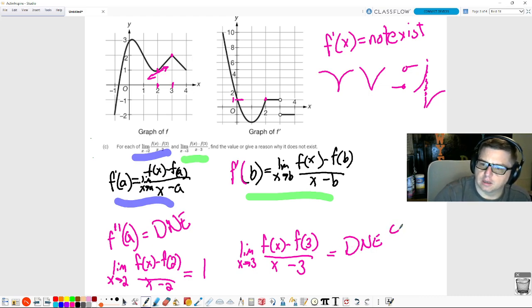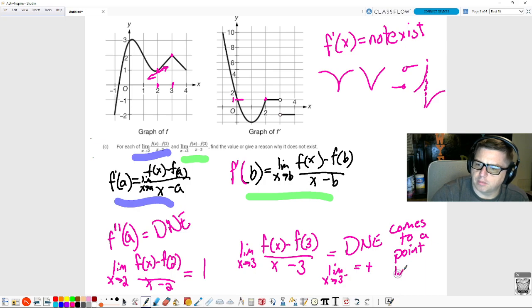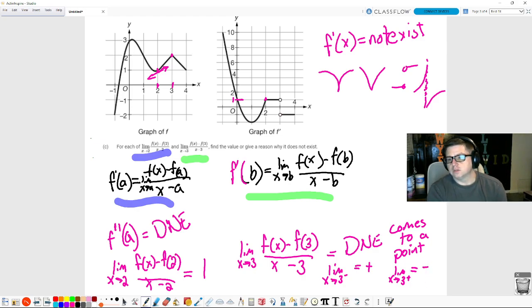And that's because it comes to a point, and the limit as x approaches 3 from the left equals a positive, and the limit from x approaching 3 from the right equals a negative. So therefore it doesn't exist because you can't have a positive and a negative. And we could actually put 1 and negative 1 in there. So therefore the overall limit doesn't exist.